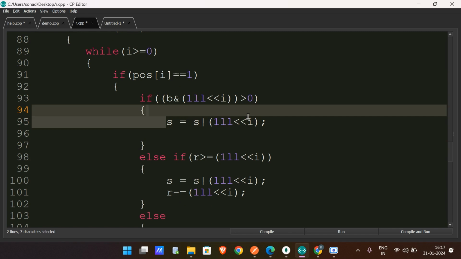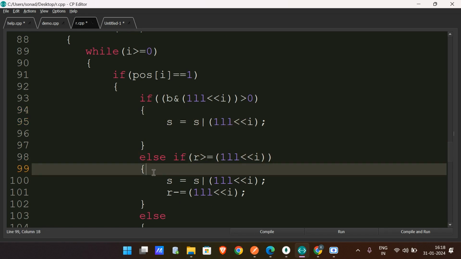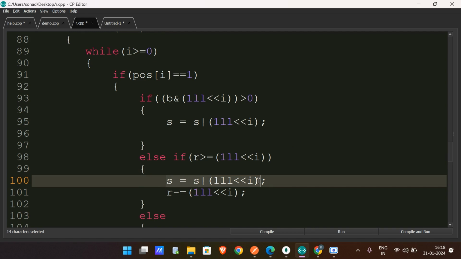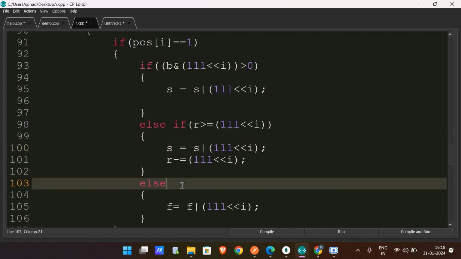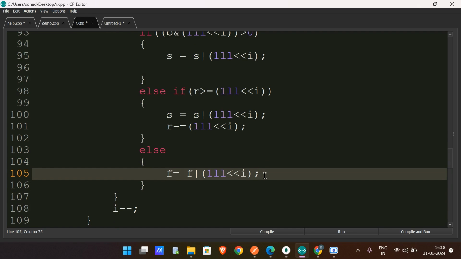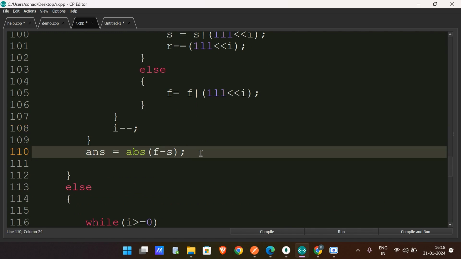So I'm just doing an OR with 2 to the I. But if B doesn't have, then we need to pay a cost of 2 to the I. So I'm reducing that from R and doing an OR with S. But if we don't have enough R, then we have to give this 1 to the first bit only. And again, I'm decrementing the I, and the answer would be the absolute difference between F and S.